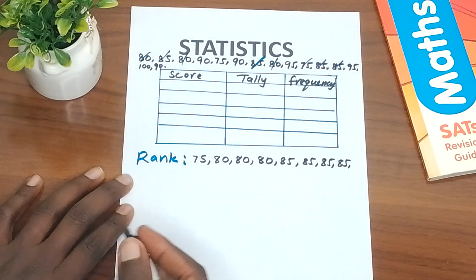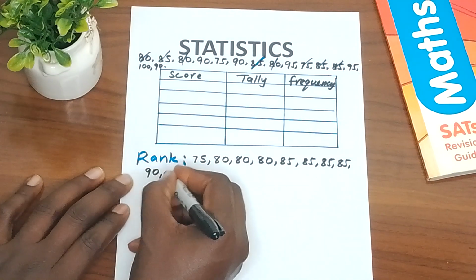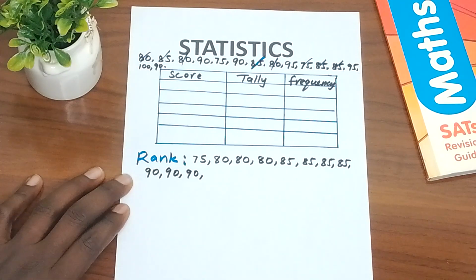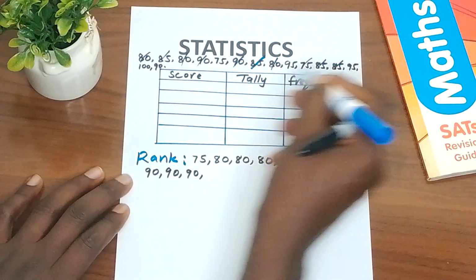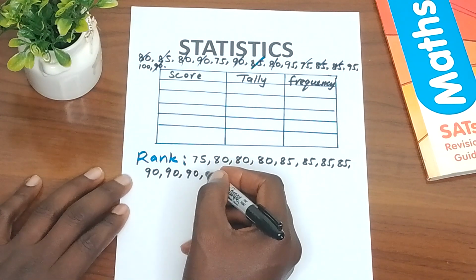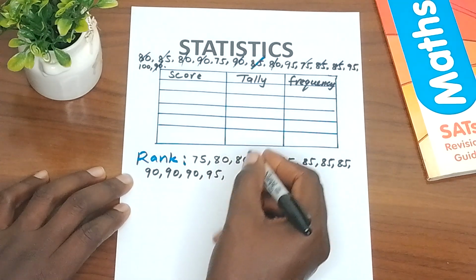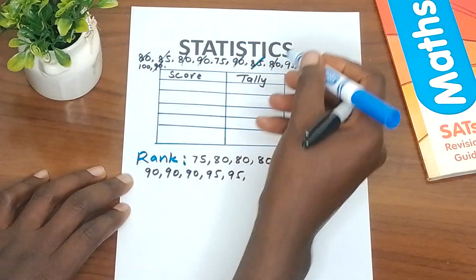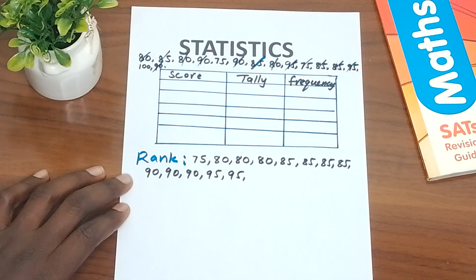Then we go to 90. Seems like we have three 90s. We have this one, and then this one. Then after the 90s, we go to 95. We have this 95 here, and this 95 there.